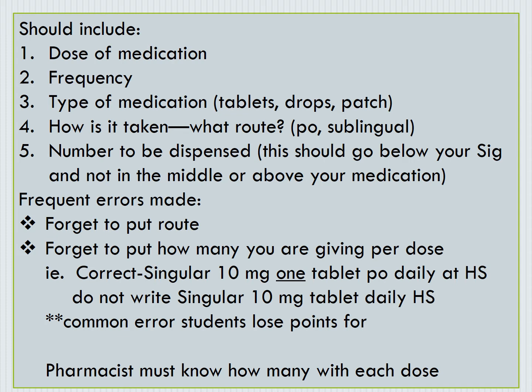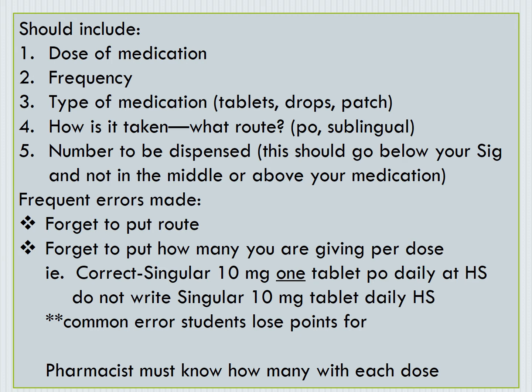and not in the middle of or above your medication. Some of the frequent errors that students make is they forget to put the route on. This is notorious, so watch that you're putting the route on, and don't forget to put how many you're giving per dose. If you write a prescription for Singulair 10 milligram tablet daily, the pharmacist does not know how many tablets daily you're giving.